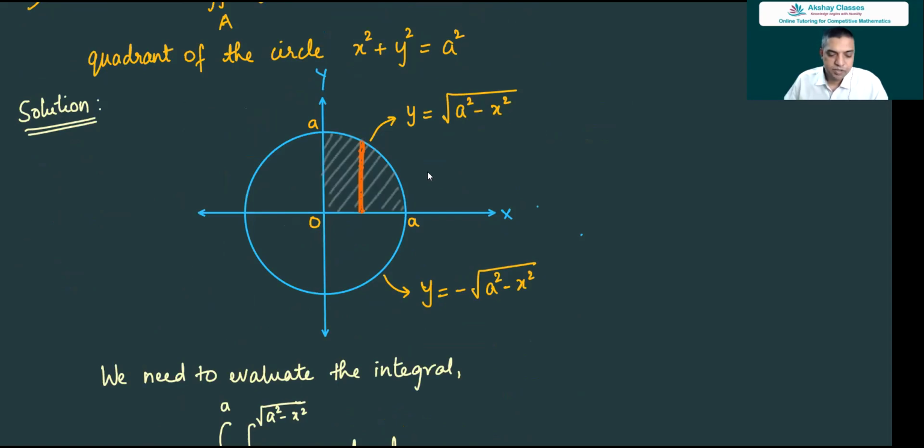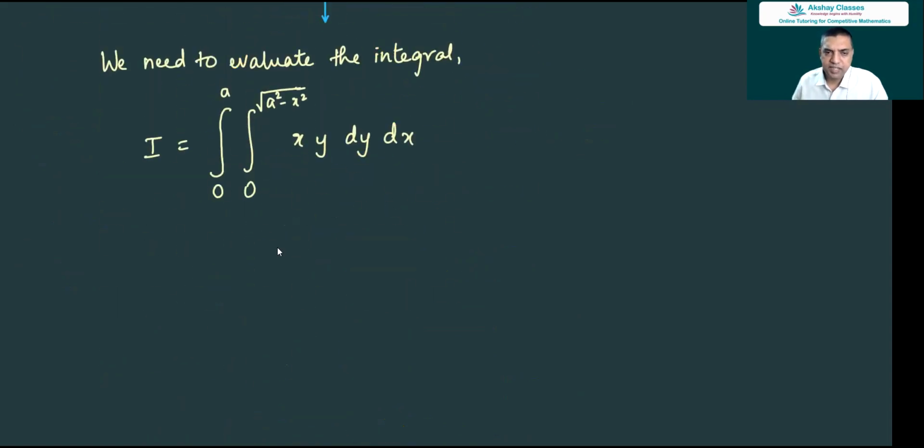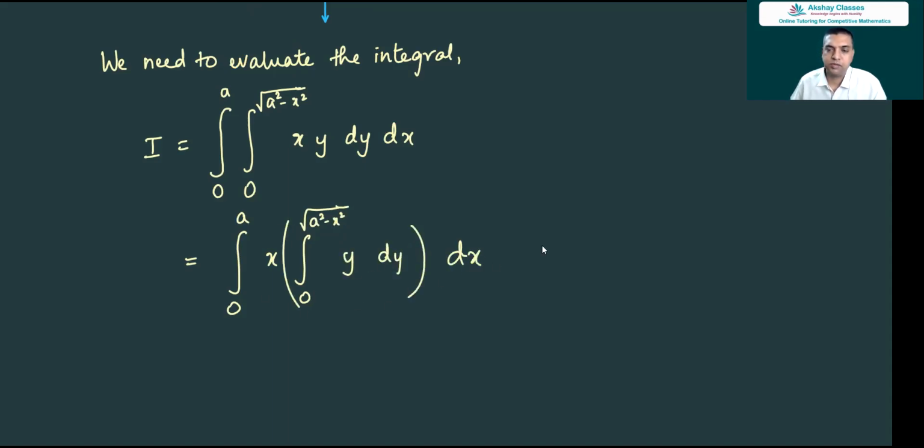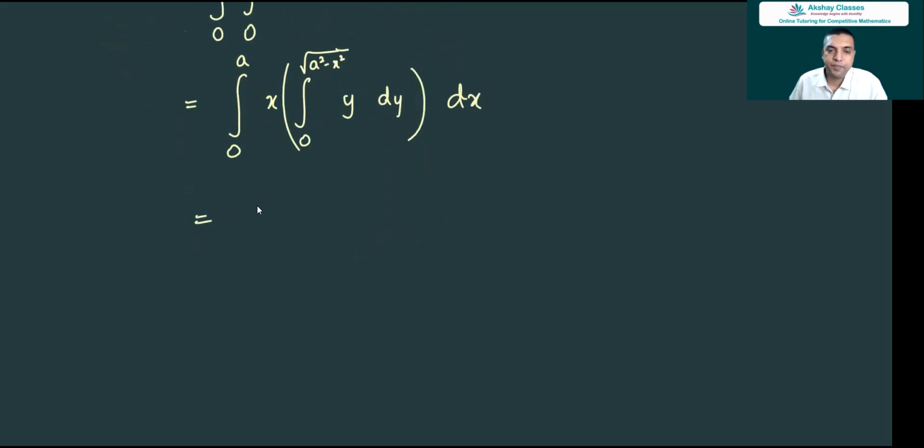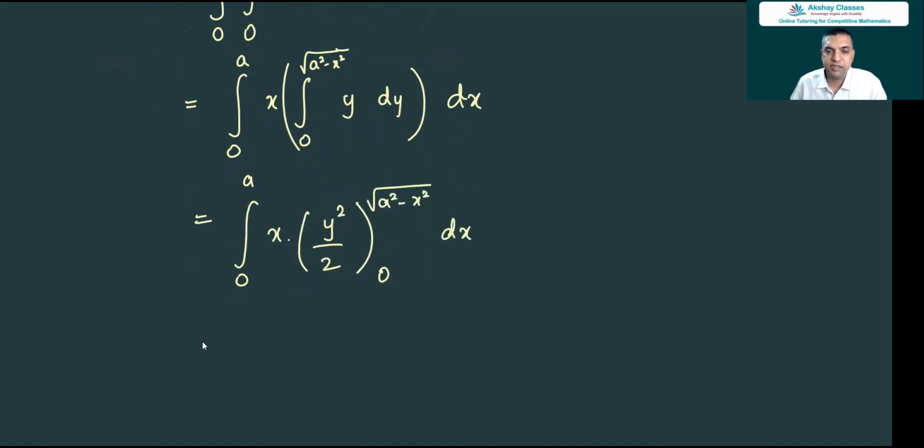Clear? So now what we do is, let's start integrating 0 to a, treating x constant, integrating y. So we get integral 0 to a x times y square upon 2, from 0 to under root a square minus x square, dx.